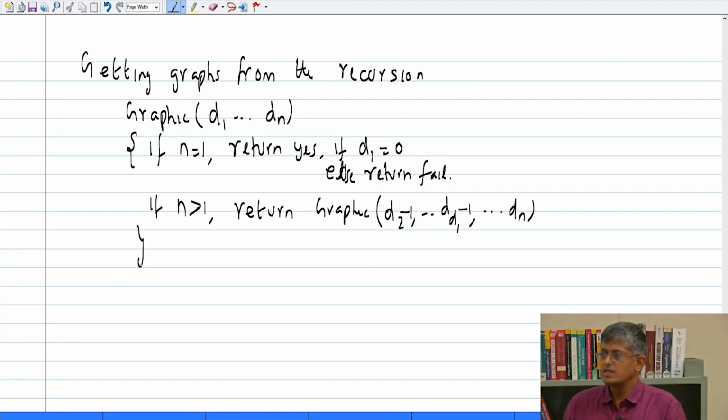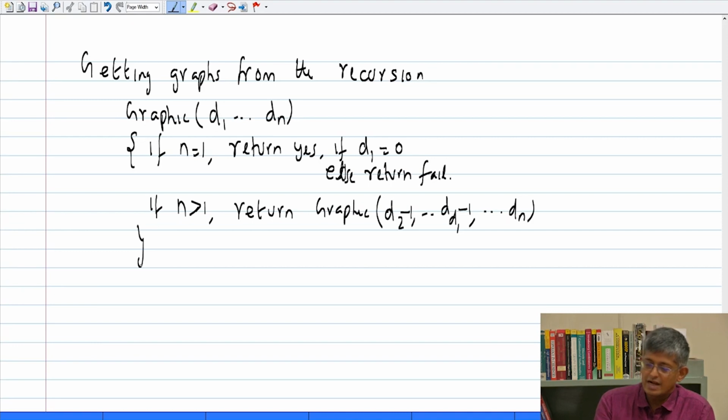Right. So this returns yes or no. This returns a Boolean value of yes or no. Fine. How does one return the graph? How does one return a graph if there is one? Right.